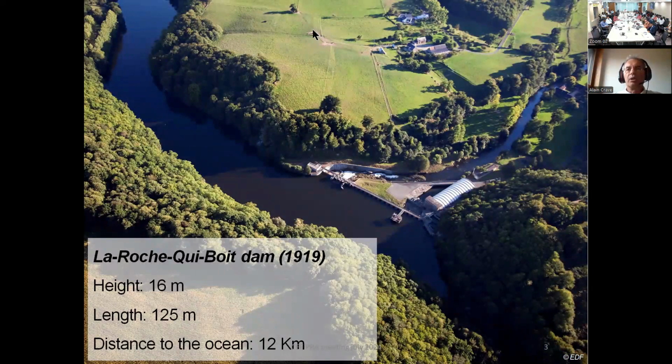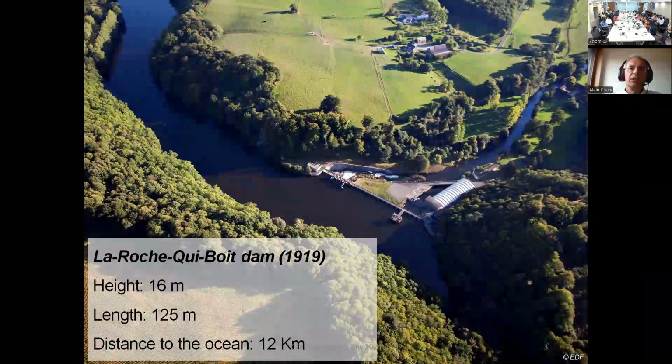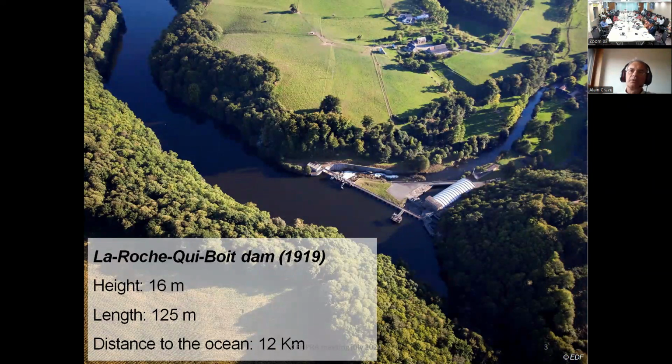It is not a very high dam, about 16 meters, and it was built to produce electricity. This is the main function of the two dams, only the production of electricity. There was no idea of protecting people against inundations or keeping water for agriculture and so on.